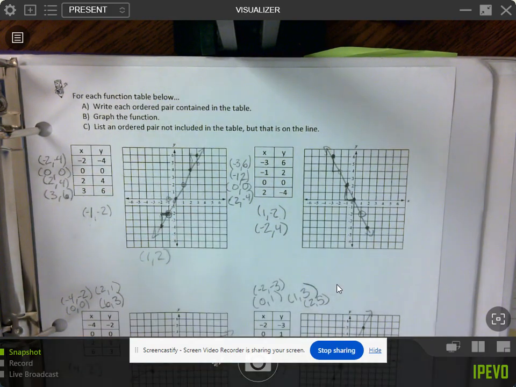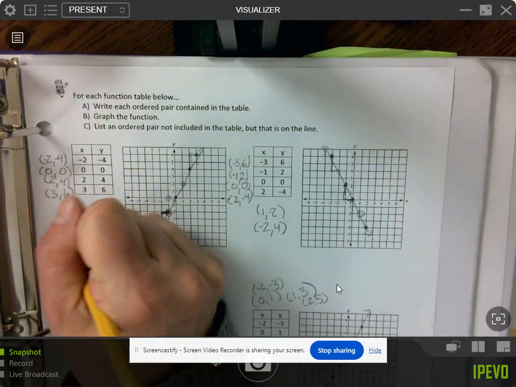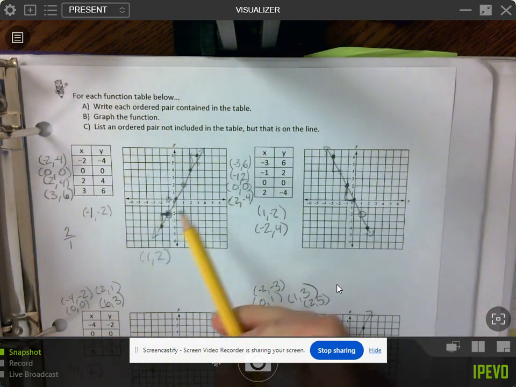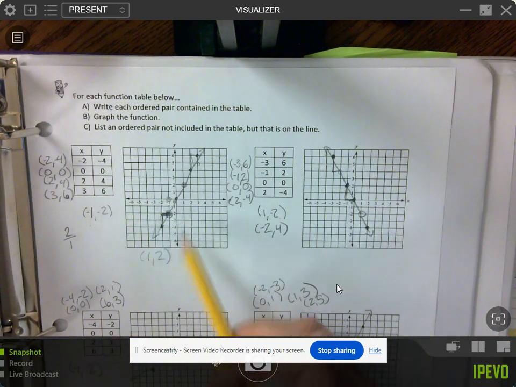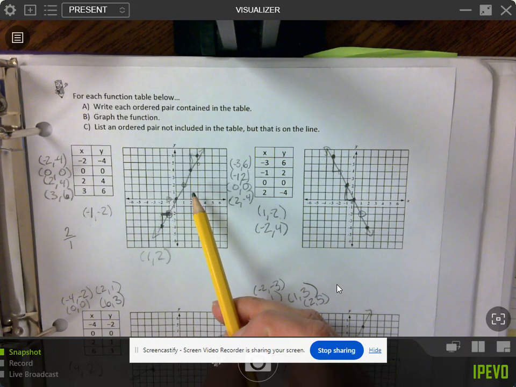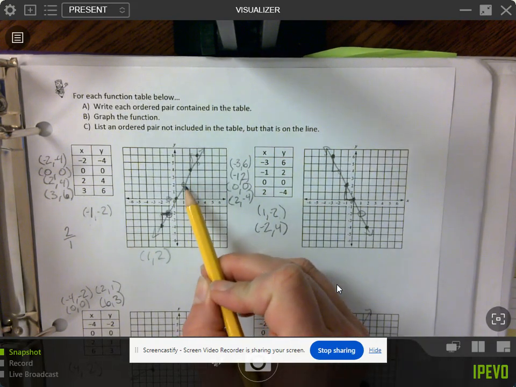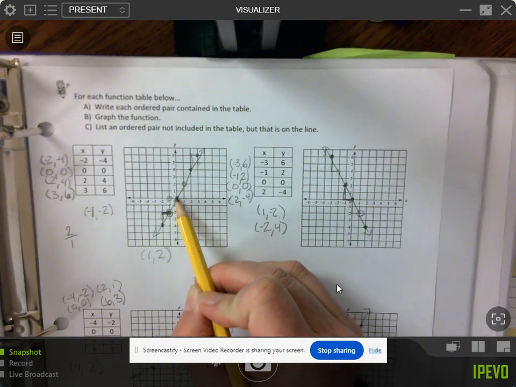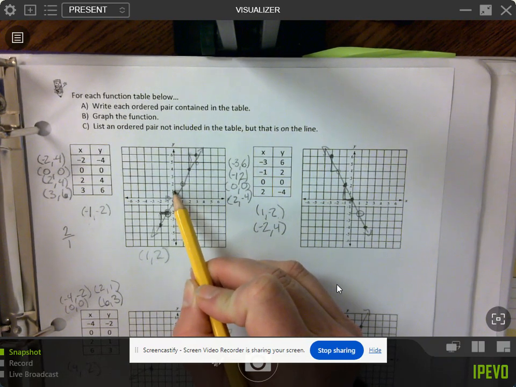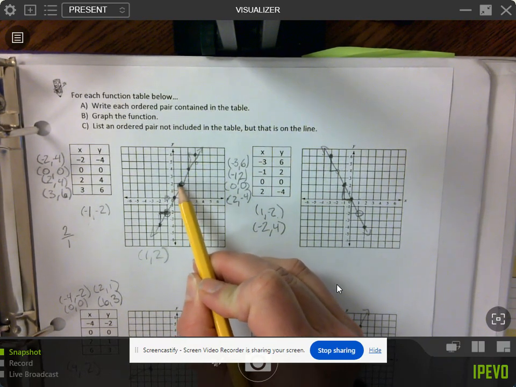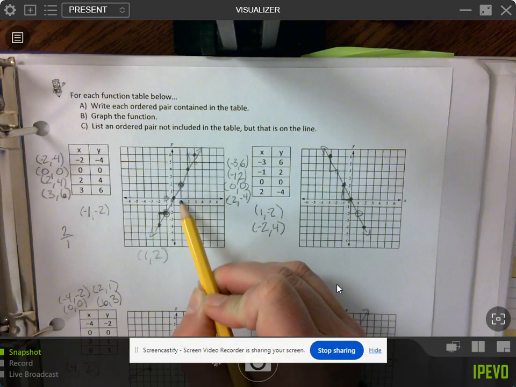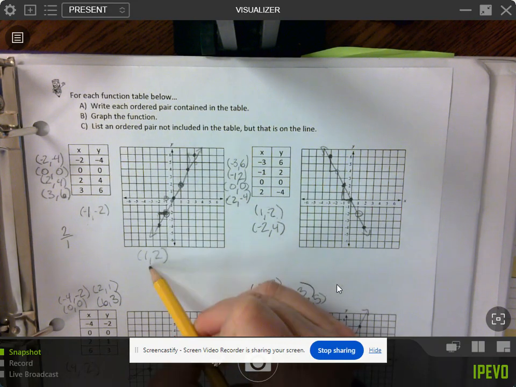So our slope is 2 over 1. We use that slope to find an ordered pair that isn't already on our line. So I could say, if I start at that 0, 0, I go up 2 over 1. I have another ordered pair that's at 1, 2.